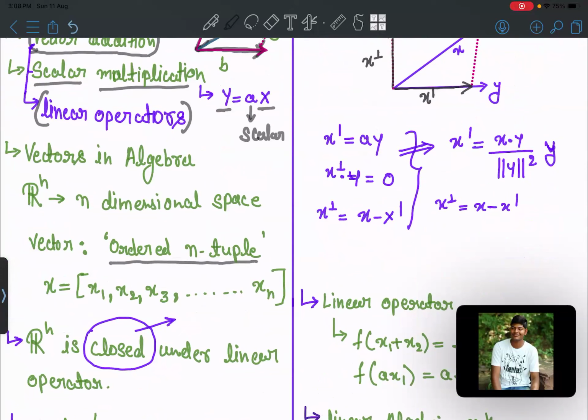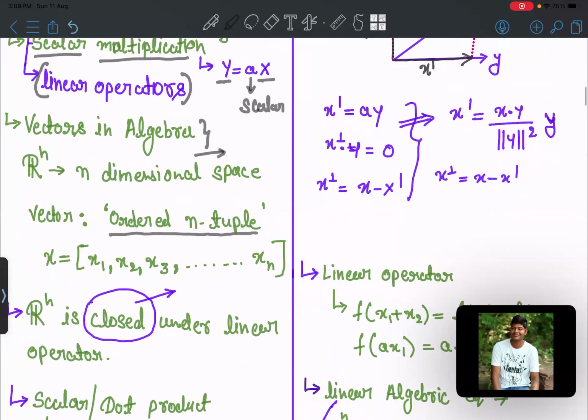If our dimensionality is more than 3, it is not very easy to represent in geometrical format. That's why for dimensionality more than 3, it is beneficial to represent a vector in algebra format.